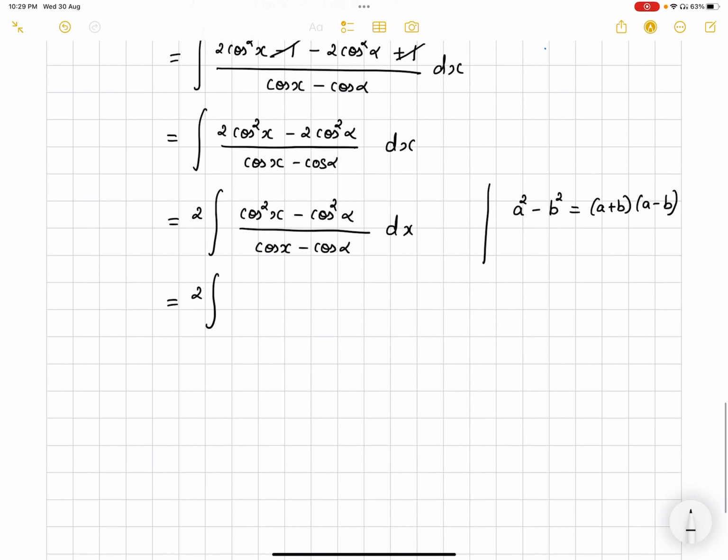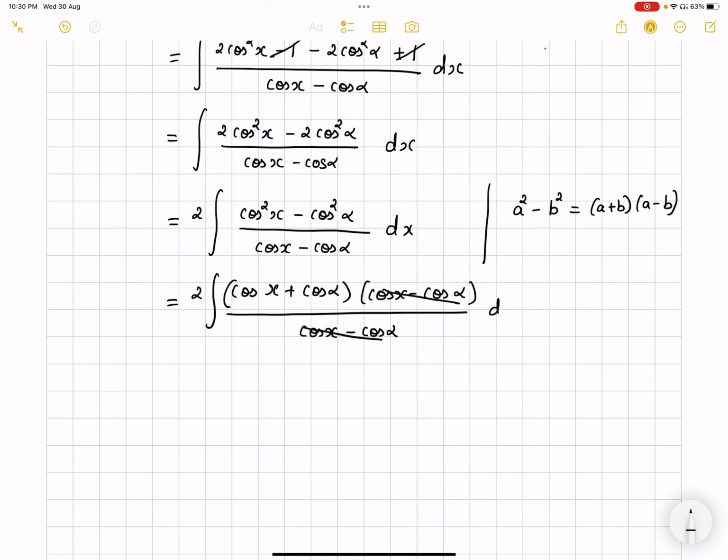I would be getting 2 times cos x plus cos alpha into cos x minus cos alpha divided by cos x minus cos alpha, which gets cancelled, and you have dx. 2 times integral cos x, we have an integration formula. And then plus 2 times cos alpha is a constant, so we can't integrate it, it's a constant, so I'm taking it out.